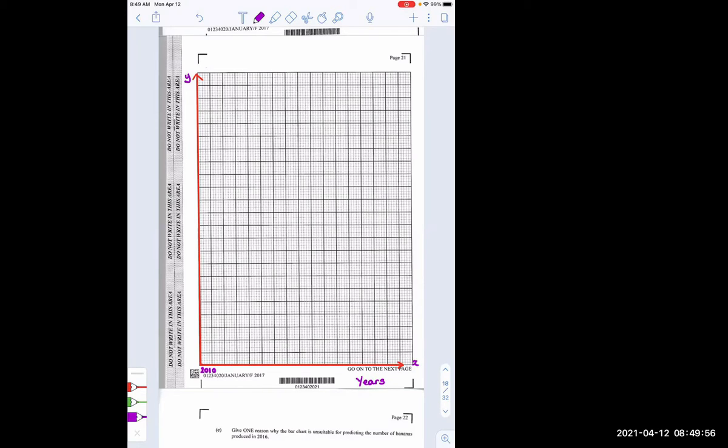We are going to skip 1 cm on the x-axis because I told you for a bar graph, there must be a space in between the bars. If the bars are joined together, it represents a histogram, right? So we are going to skip a bar.